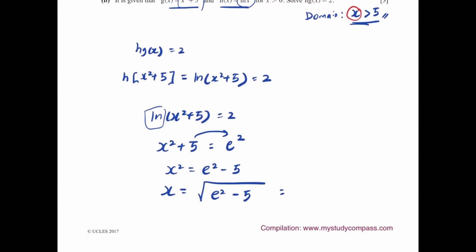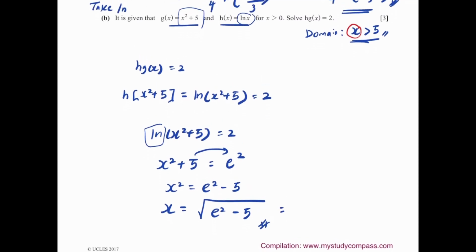You can leave your answer like this; sometimes you may be required to leave your answer in exact form. But if it's not required, you can simply round off your answer to 1.55. This should be the correct answer. That's how you can fully earn the 3 marks for these questions.